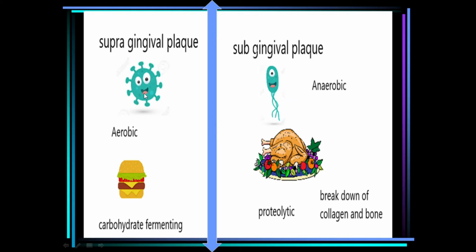If we see the supragingival plaque, the bacteria in the supragingival plaque are carbohydrate fermenting. They will survive on the carbohydrate that they will get from the saliva. But the main composition of subgingival plaque is various spirochetes and anaerobic bacteria, and basically they survive on the breakdown products of collagen in the bone, because they are proteolytic bacteria.